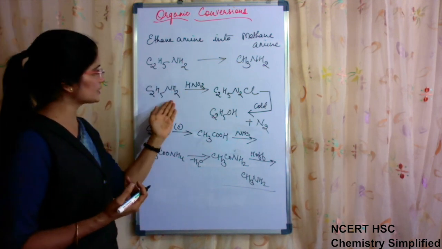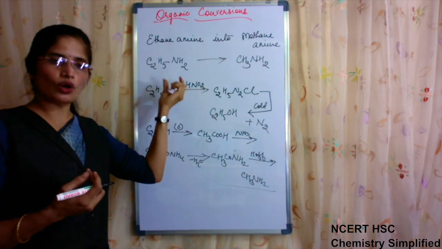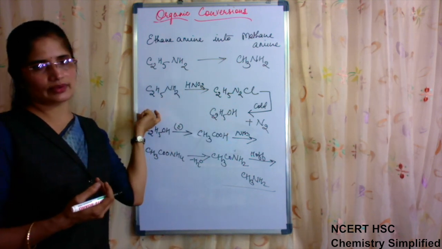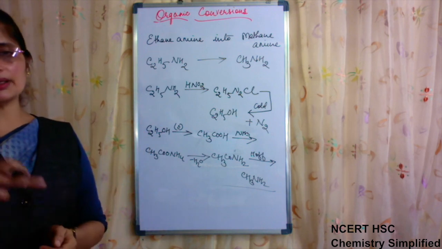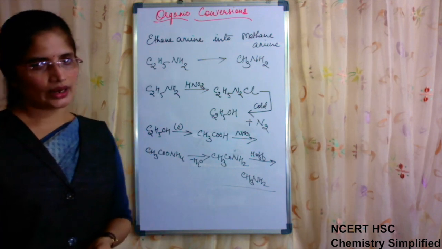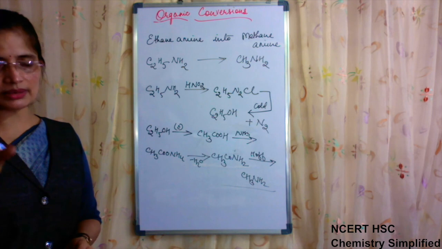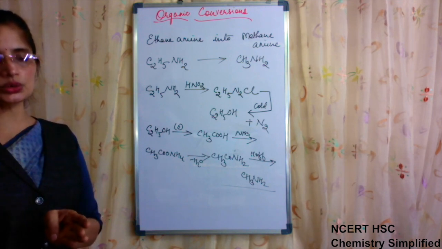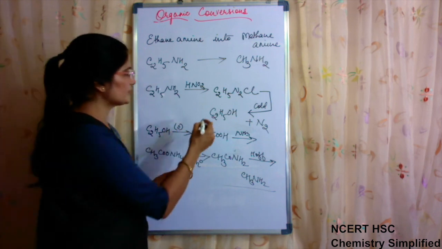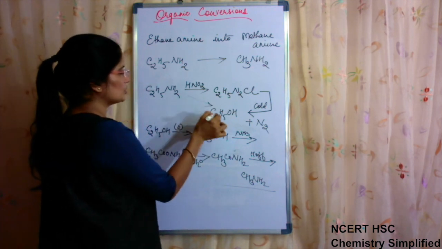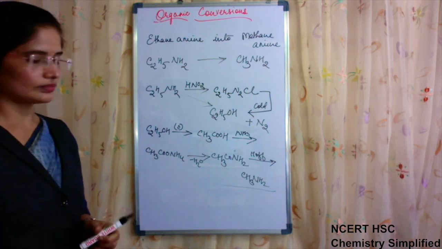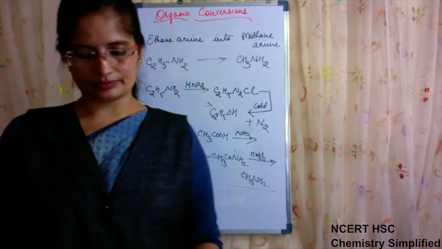This reaction will always help you obtain alcohols from amines, because alcohols can be converted into halogen derivatives also. So alcohols are the basic. Alcohols can be oxidized to acid. Alcohols can be converted into halogen. So first we convert them into this, and then later we do the further reaction. Clear?